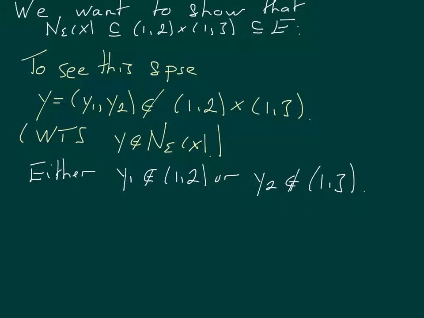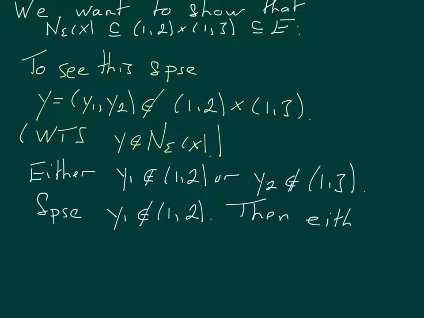All right, so let's suppose first that y1 is not in the open interval (1,2). Well, then either y1 is going to be bigger than 2, or y1 is less than 1.